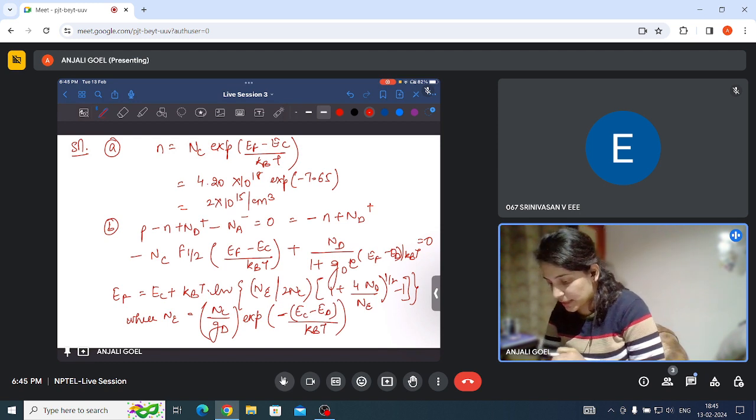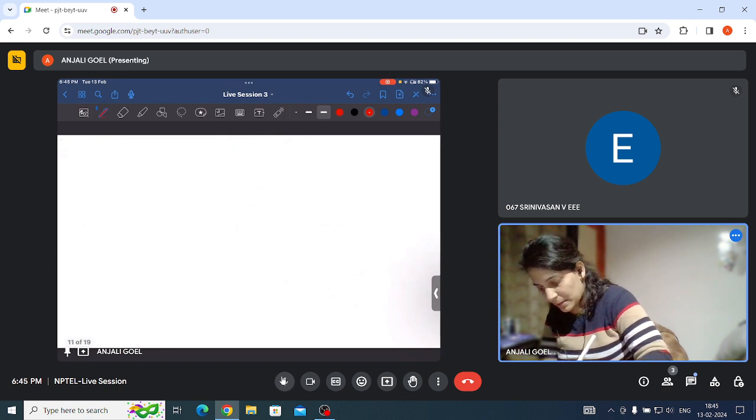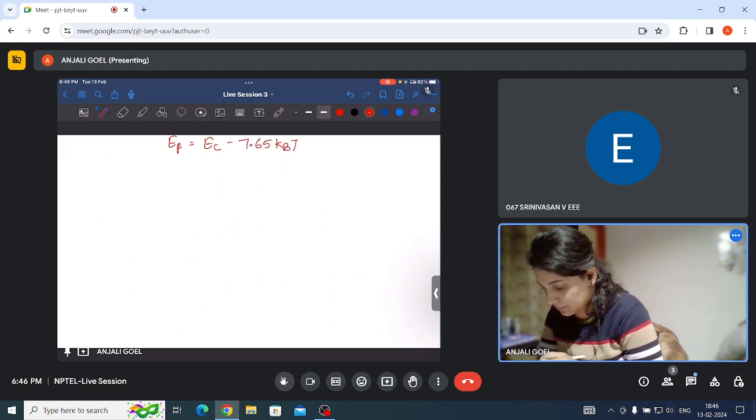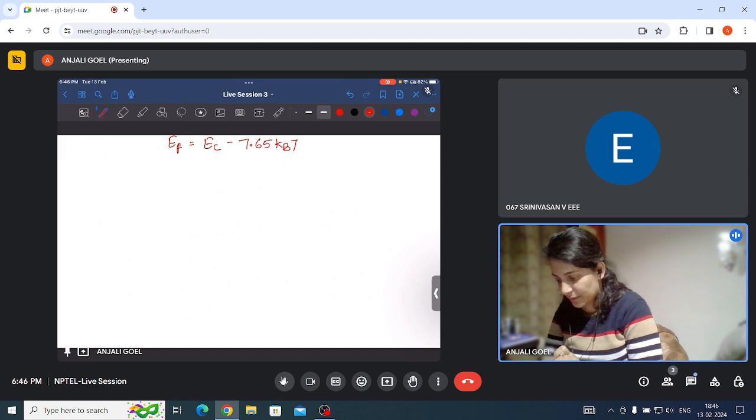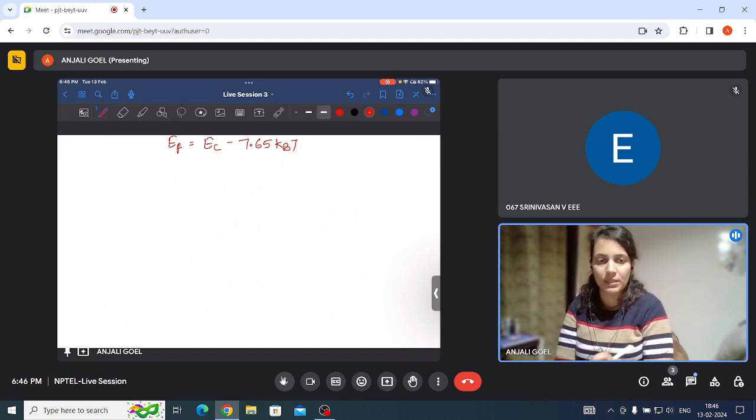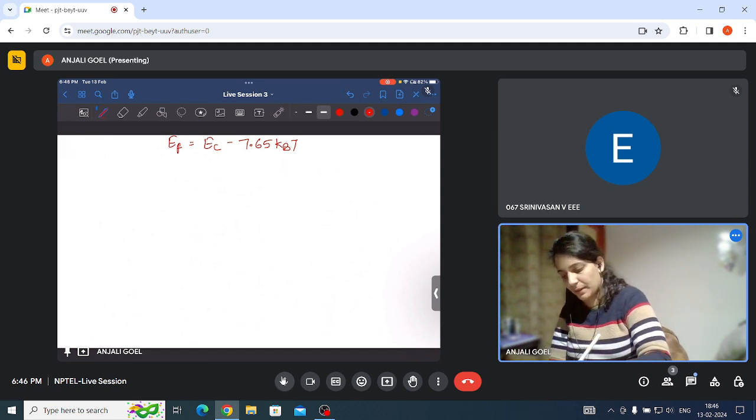So when you replace the values, you'll get EF is equals to EC minus 7.65 KBT, which I have mentioned. So now can you solve and give me the value of holes in the valence band?